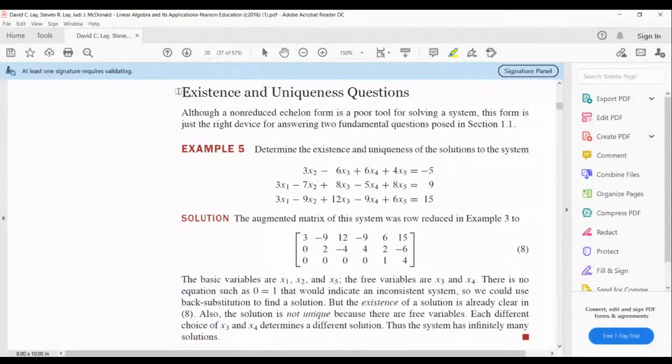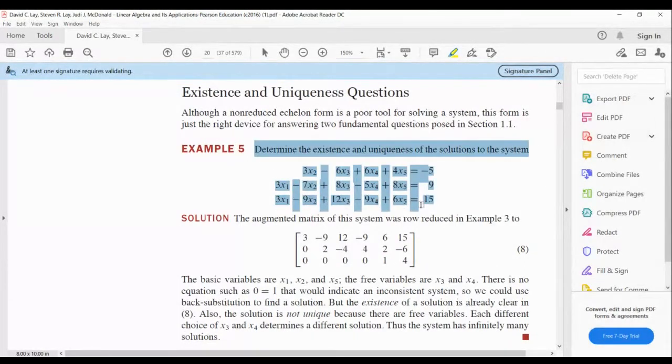Now another thing, existence and uniqueness questions. In example 5, they talk about determining the existence and uniqueness of the solutions to the system, and they give the row reduction here. What form is this in example 5?